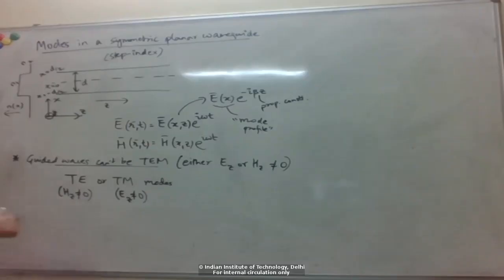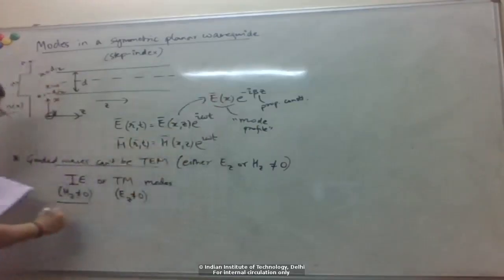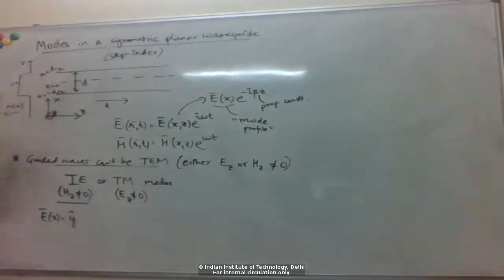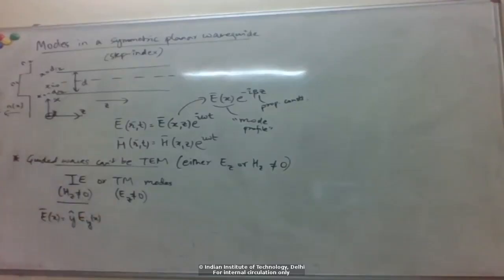For example, if I consider TE modes, then this mode profile E of x, we'll say it's pointing in the y direction, so perpendicular to the board. So the electric field vector is perpendicular to z. The electric field is transverse.